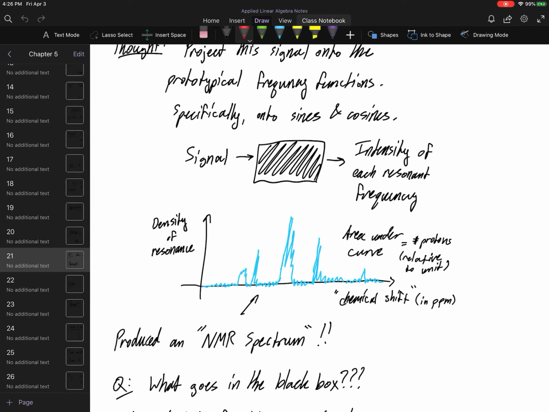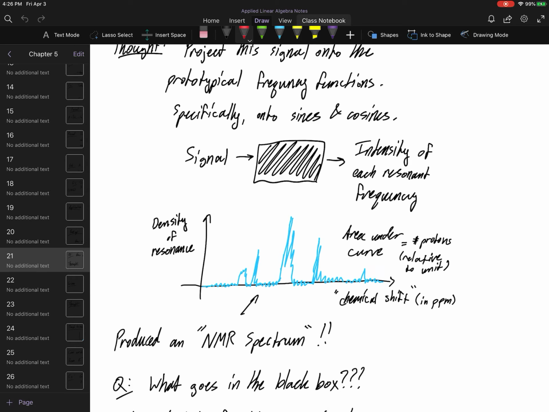We'll define all of these terms shortly, but what you get is a density of the resonance. You'll wind up with an area under the curve telling you how many protons get lifted into this higher energy state at a given frequency relative to some unit. So basically, how many protons per molecule are being lifted into the resonance state.